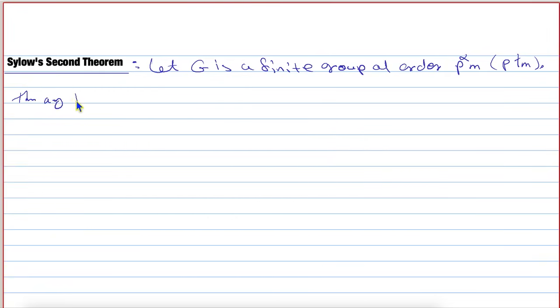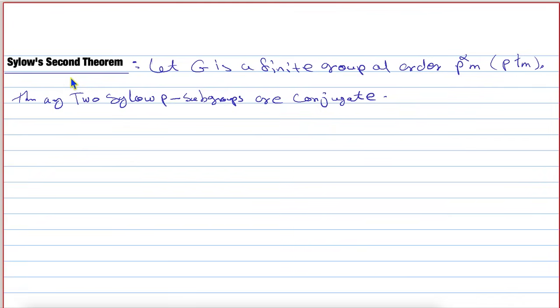Then any two Sylow p subgroups are conjugate. And this is also called the conjugacy theorem.